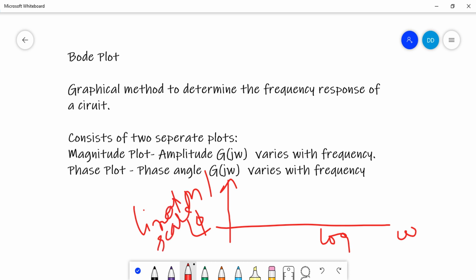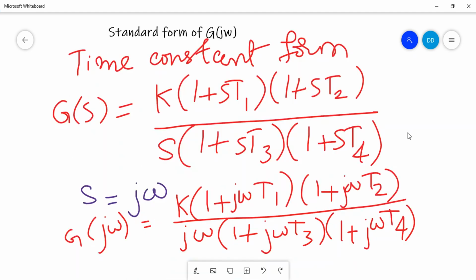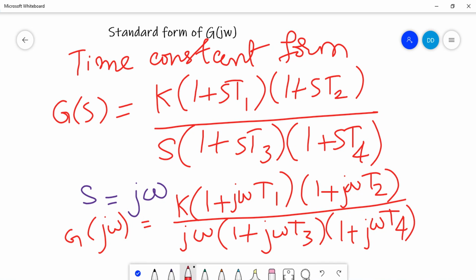So we'll see about the magnitude plot and the Bode phase angle plot. For that, we consider the standard form of G of j omega. So we consider first the open loop transfer function in the time constant form.